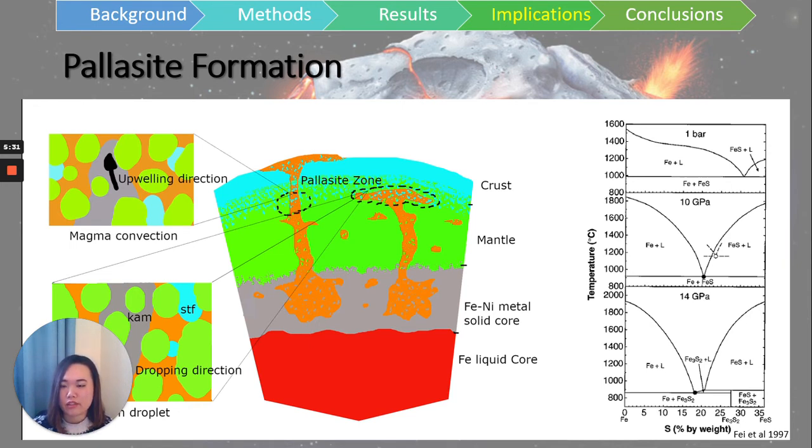On the other hand, if the iron was dropping, just like an iron droplet, it must have formed at the ceiling of the magma chamber, called a pendant. All the chemical reactions are explained on the Fe-FeS phase diagram.